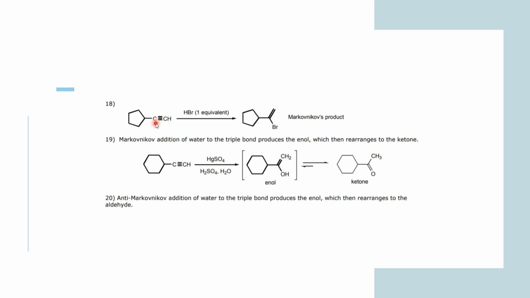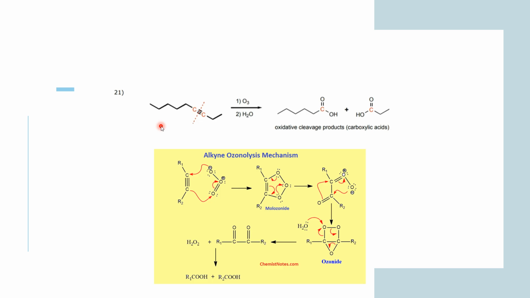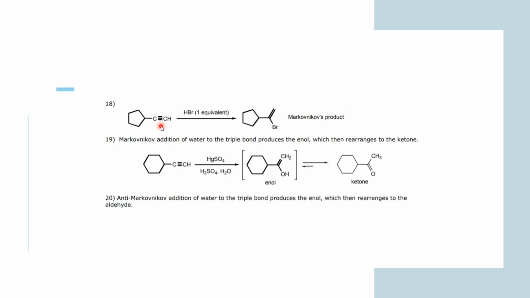Okay, you will either get the carbocation on the terminal carbon or the internal carbon. So when the alkyne takes up a proton from the system, the proton will go to the terminal carbon, leading to the generation of carbocation on this center. Why? Because this is a more stable carbocation. We discussed the stability of carbocations in last week's session.